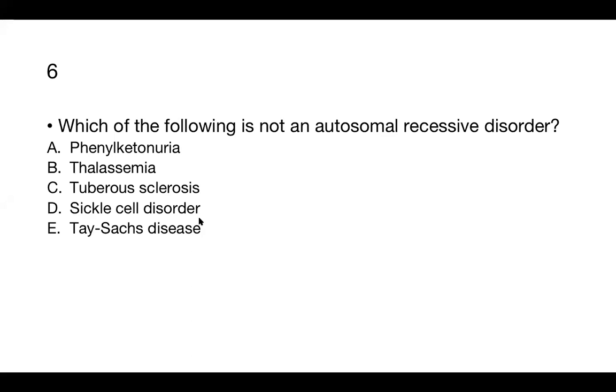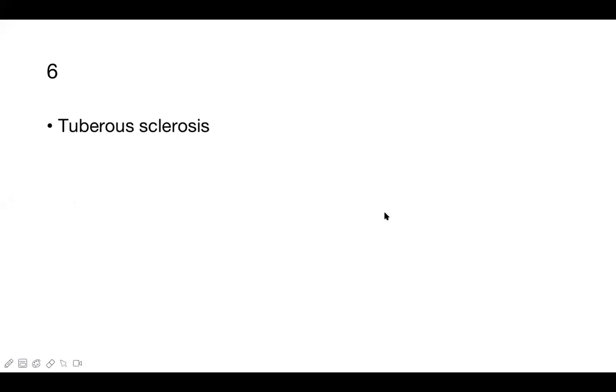And tuberous sclerosis is an autosomal dominant disorder which affects mainly the central nervous system and many other organs in our body like the kidney, and even the heart can be affected. So tuberous sclerosis is the answer.